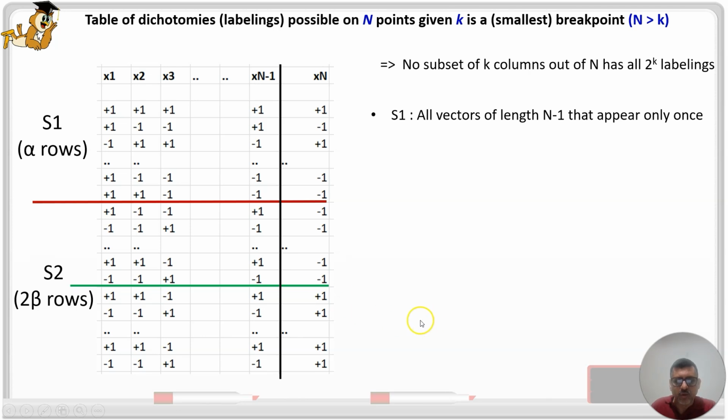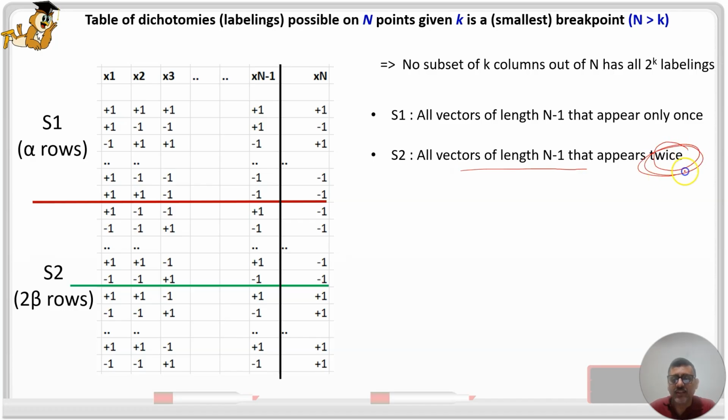To recap, S2 is the group of all vectors of length n minus 1 that appear twice. One wherein xn has the label minus 1 and the other where xn has the label plus 1. Stare at this figure for a moment if you've still not understood what I am talking about.